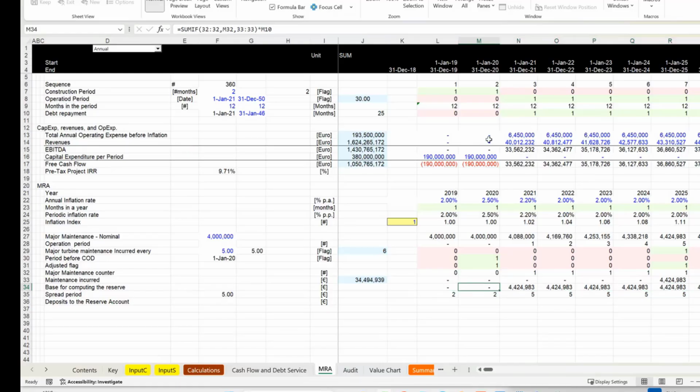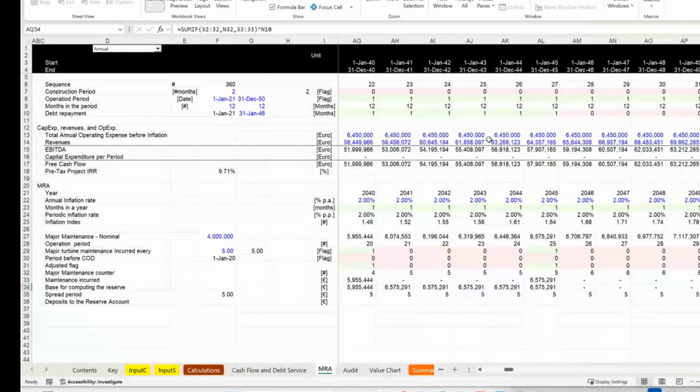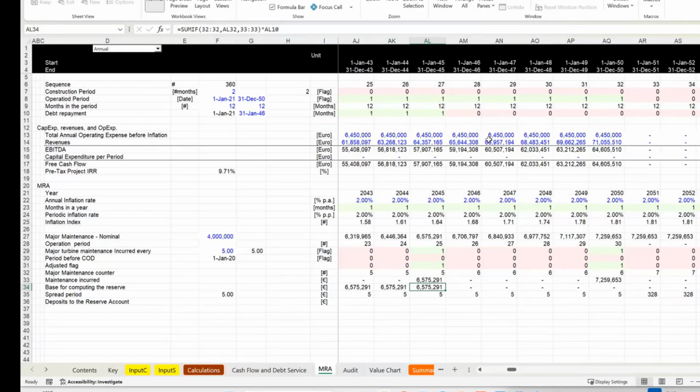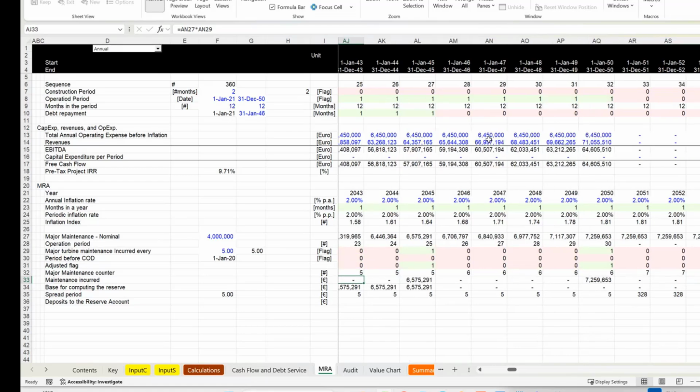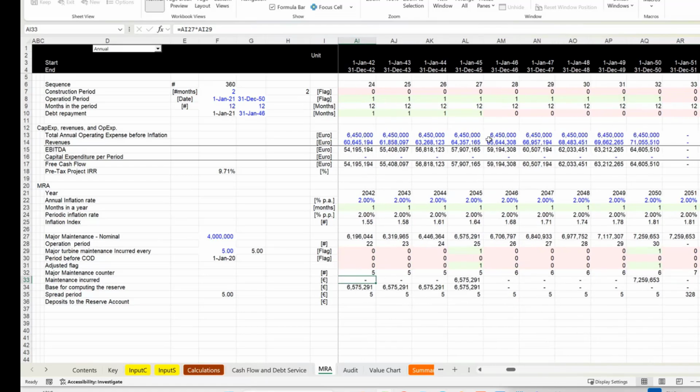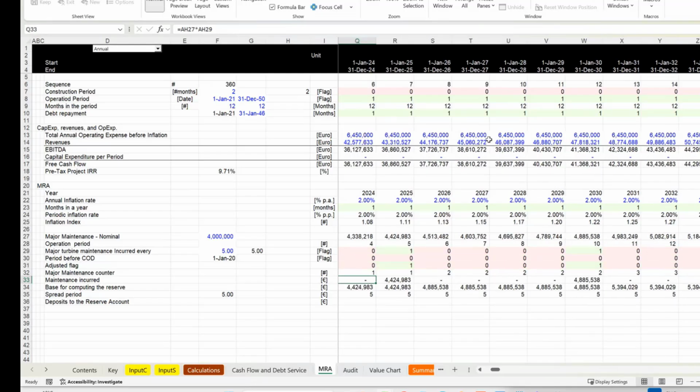You can maybe look forward to see when it finishes. So we're going to have to figure out what to do with that expenditure in that year, January of 50. And then you also could have some rules. What if you have to make this major maintenance the 1 year before the end of the project life and all that, so that it can get kind of complicated with all those things.